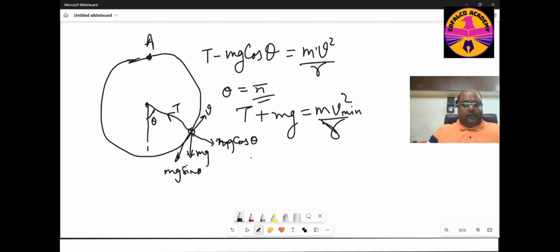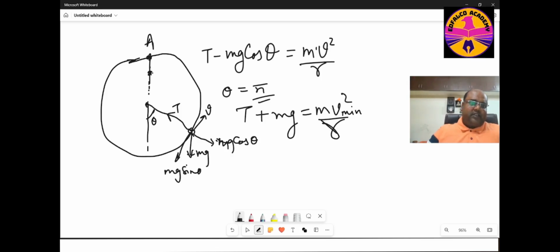Now, if suppose at this point I need critical speed, that means the minimum speed that the body can tolerate before the body falls off. In that case, at least till the body is here, this string should have some tension, right?